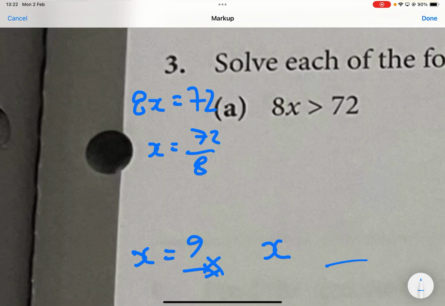That is called solving. Okay? If 8x larger than 72, I want to get from 8x to only 1x. I also same. 8x divided by 8. 72 divided by 8.